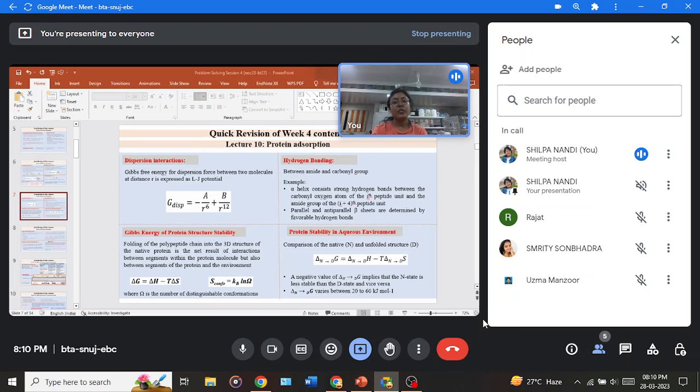A negative value of delta G implies that the N state is less stable than the D state, and a positive value of delta G says that the N state is more stable than the D state. Usually delta G value varies between 20 to 60 kilojoule per mole. This is a positive value, and when there is a positive value, the native state will be more stable than the unfolded state.